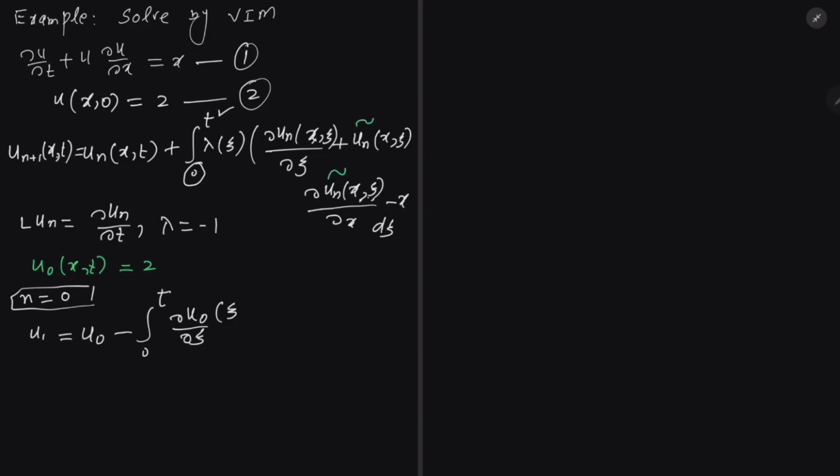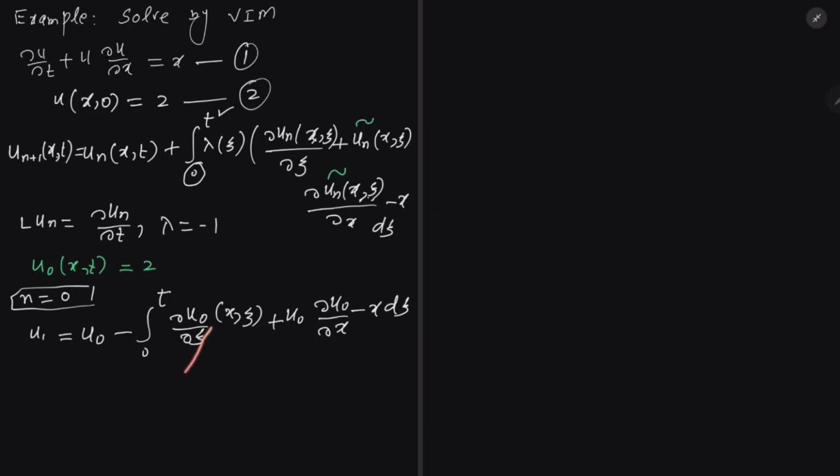Since we are so habitual of putting x is equal to xi, I put the wrong x. It should be x minus xi, so it should be x minus xi plus u0 partial u0 by partial x minus x dxi. We put u0 is equal to 2.